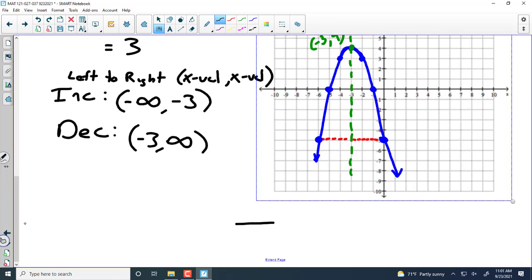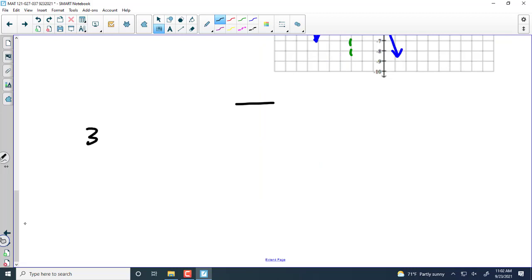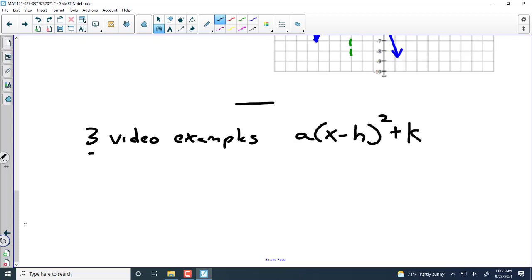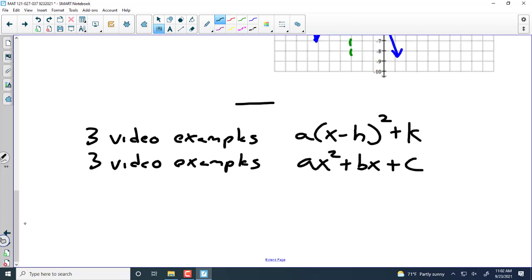And not only are there 6 video examples of this, there are 3 video examples for the ones that look like this, and there are 3 video examples for the ones that look like this. That way you can watch them both. And there is a worksheet with an answer key.